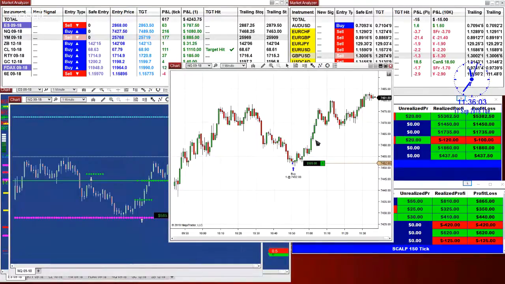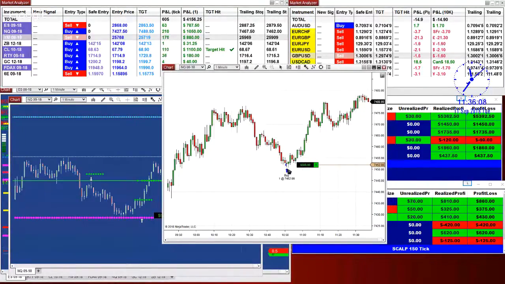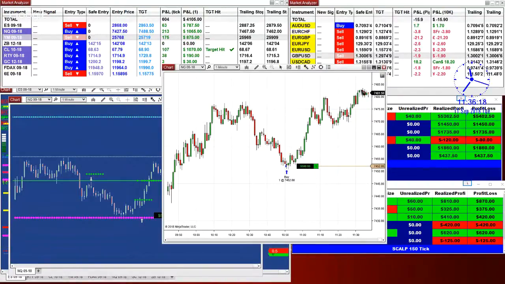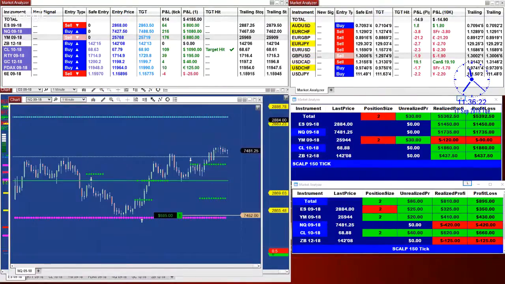But we nailed it right at the very bottom of it, and we should have exited right there. But now you can see the Nasdaq is dying on us.